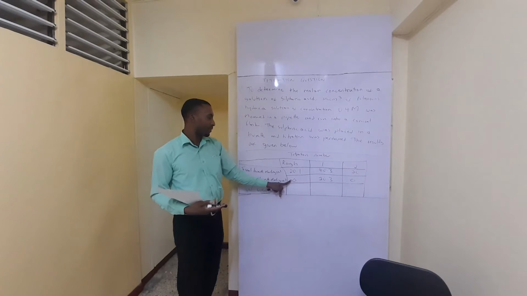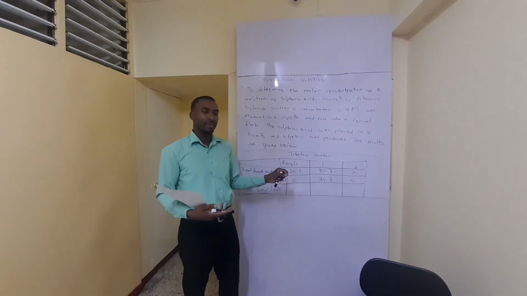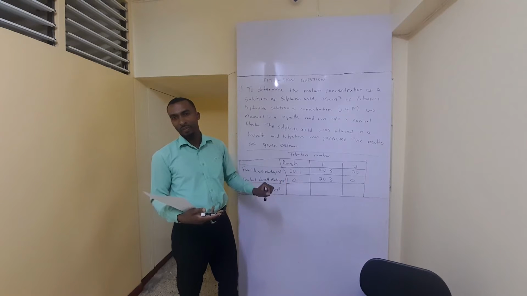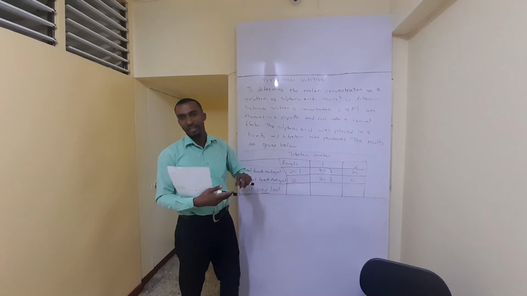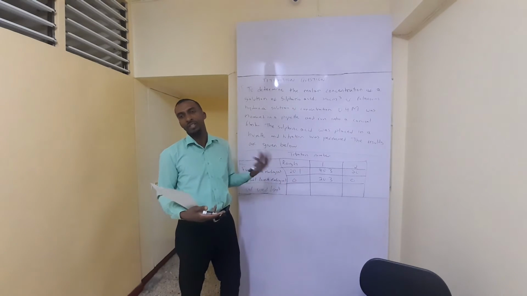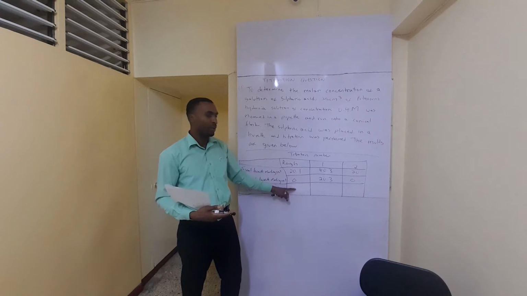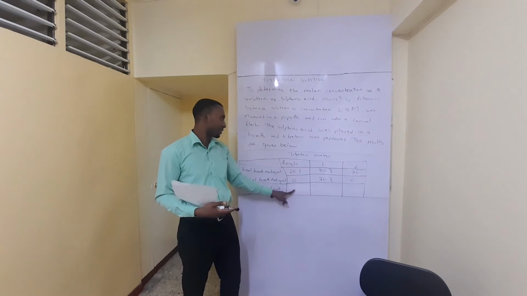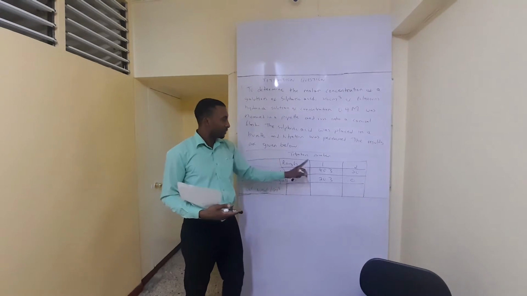Alright, so if for example we had the phenolphthalein in the base, the potassium hydroxide, it would be colorless, but as soon as we reach the end point, when the titration is finished, it would suddenly change to pink. So that's an indicator we could use to determine the volume of the acid used, which is the sulfuric acid, right?